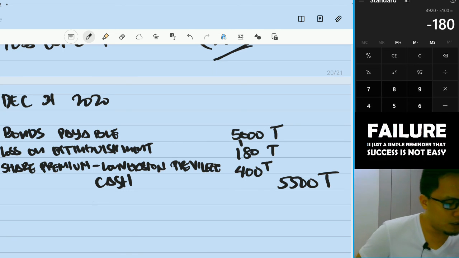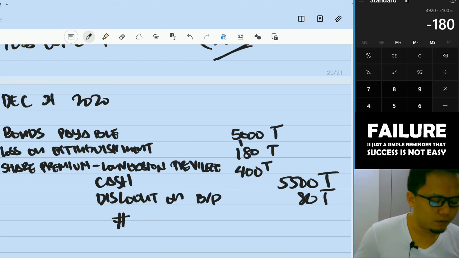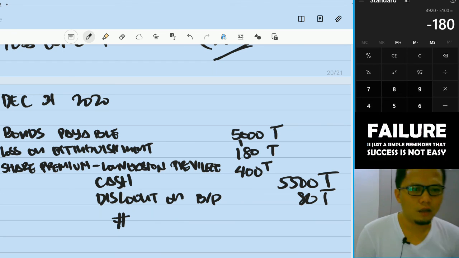Diba? Ito yung extinguishment price. Then, lastly, we will credit discount on bonds payable to close the discount on bonds. Shortcut na lang natin, ha? To close the discount on bonds payable na 80,000. So, that will be our entry sa payment.